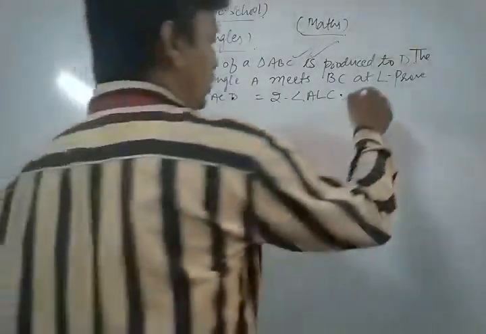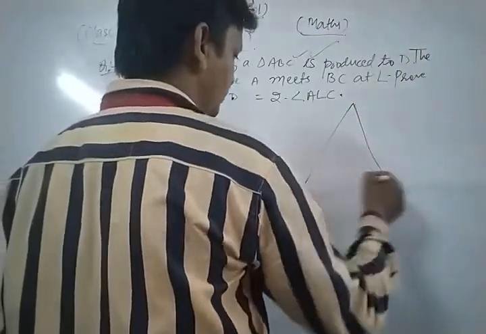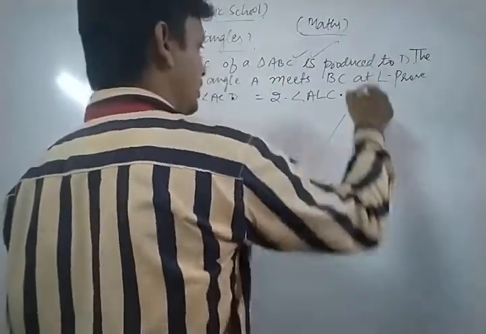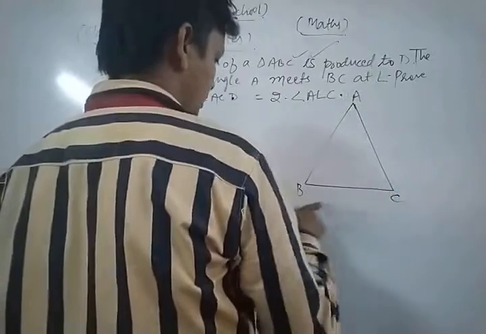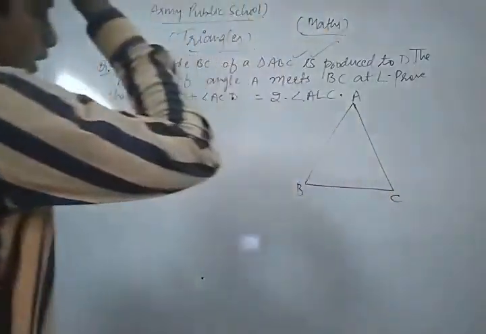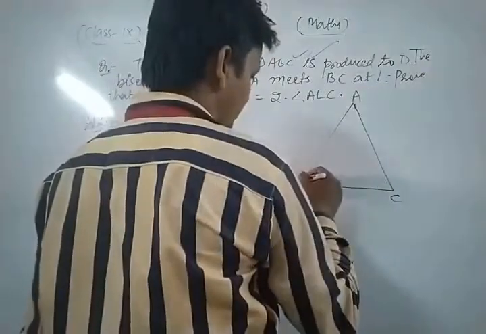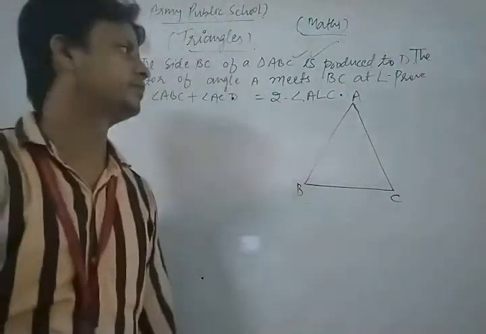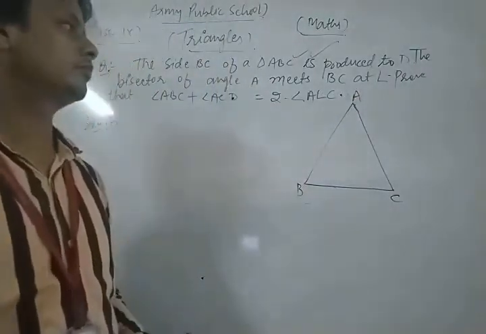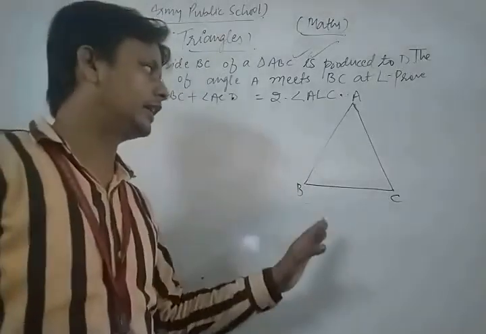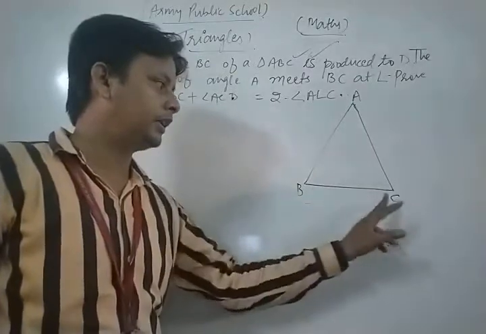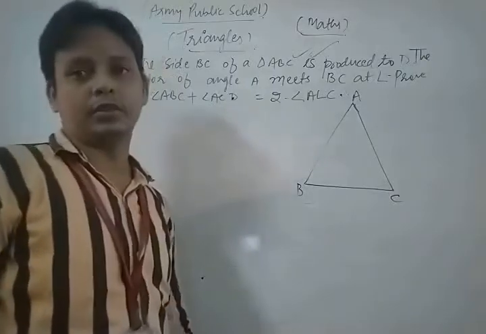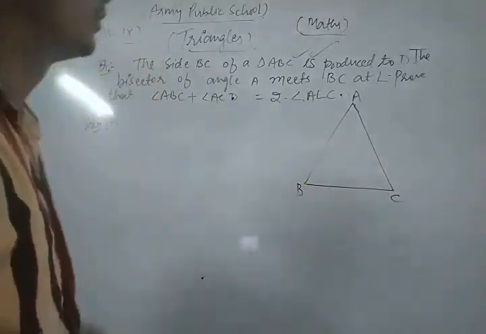So first of all, we draw a triangle A, B, C. Okay, dear students, first we draw a triangle ABC.